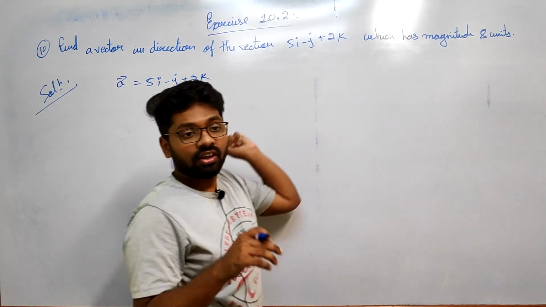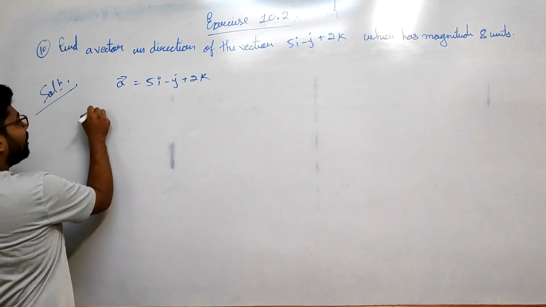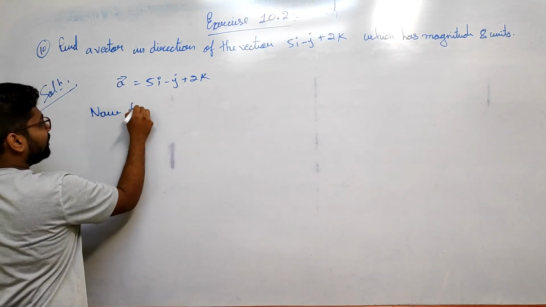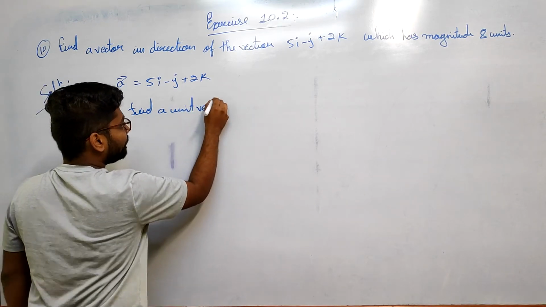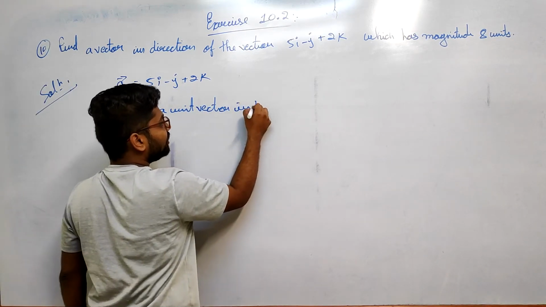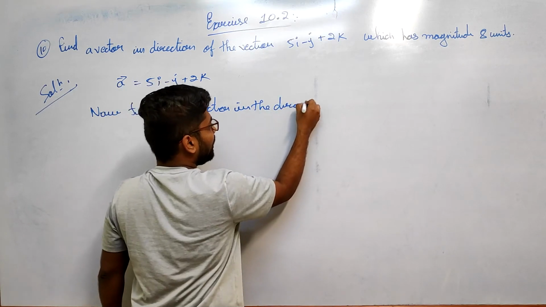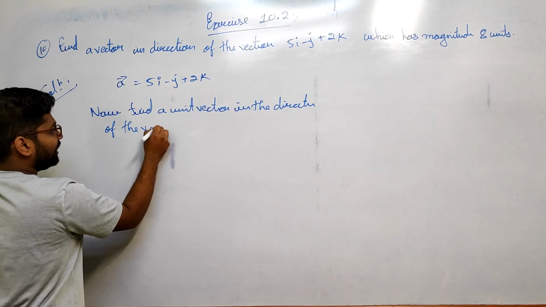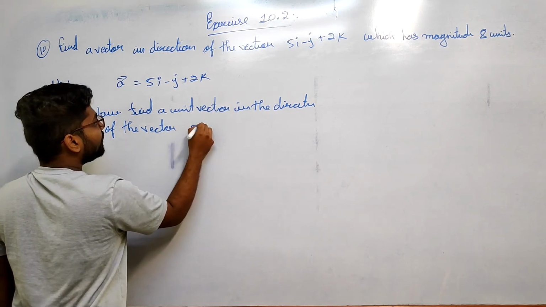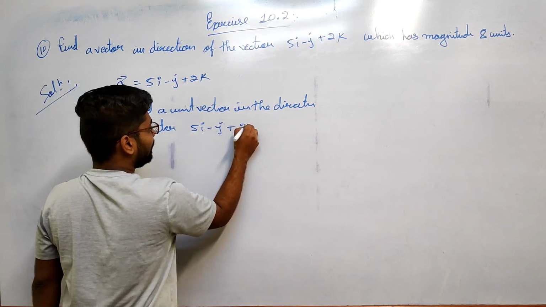So therefore now the first step is to find a unit vector in the direction of the vector 5i minus j plus 2k.